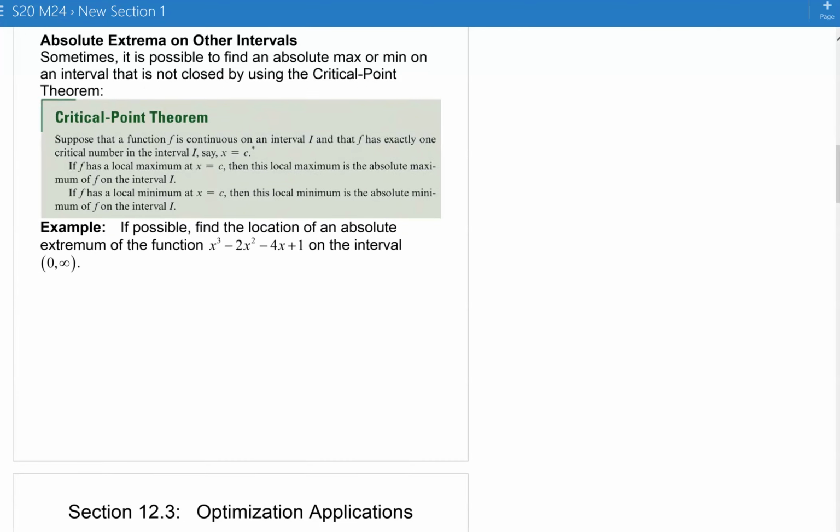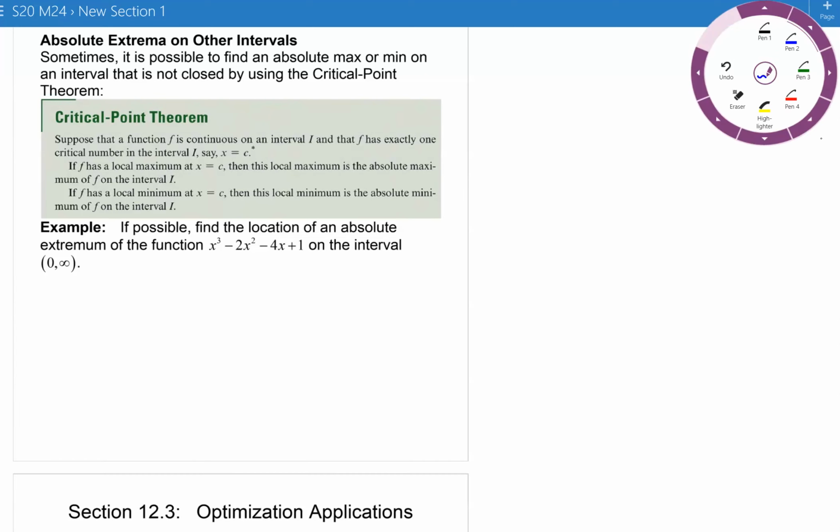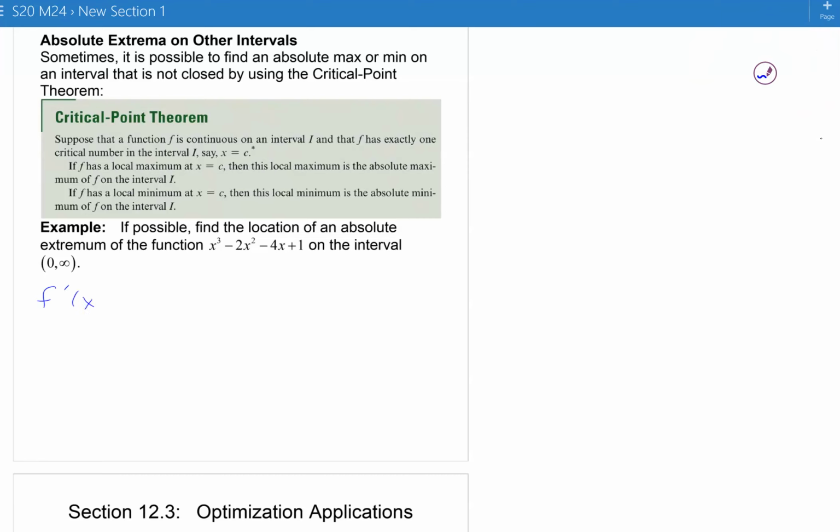So with this critical point theorem, we're still going to find critical points because those are going to be important possible change points. So I'm going to find the first derivative, 3x squared minus 4x minus 4. Set that equal to 0 and look for critical numbers. So I'm going to have 3x and x, and 2 and 2.